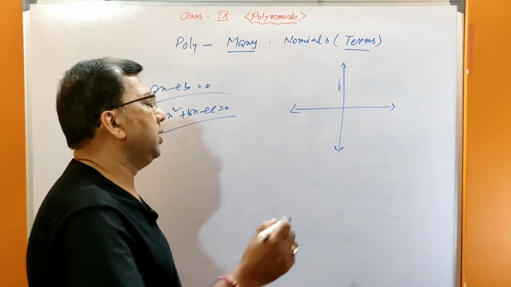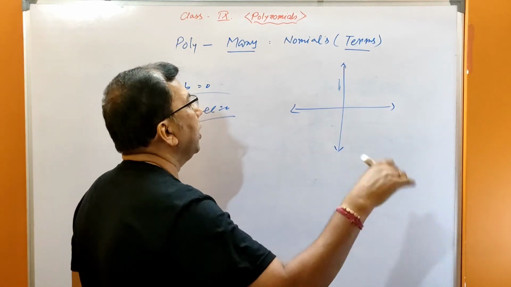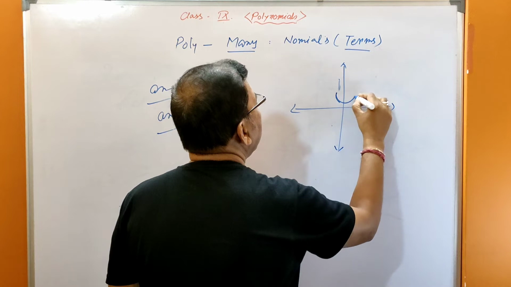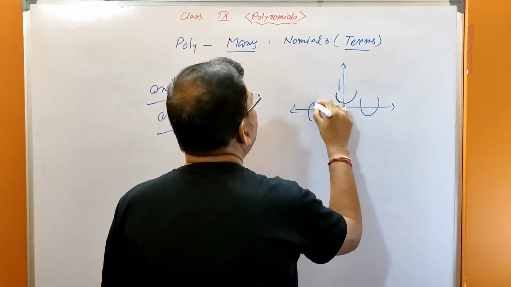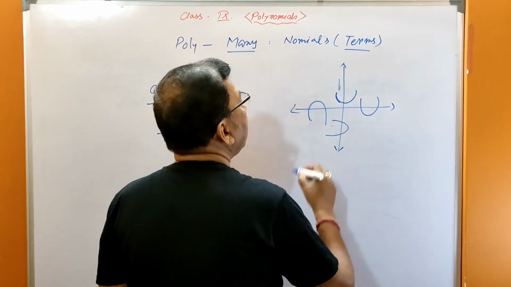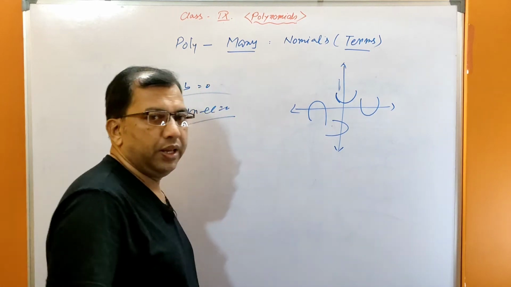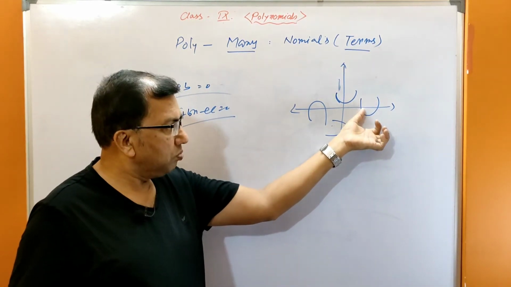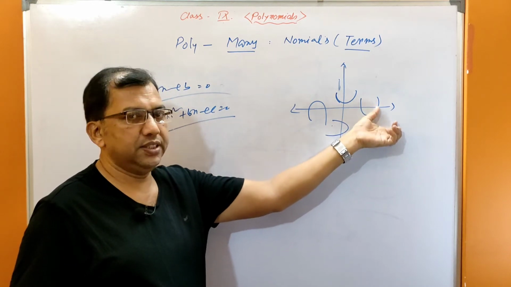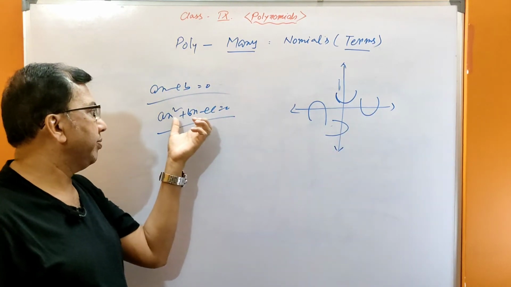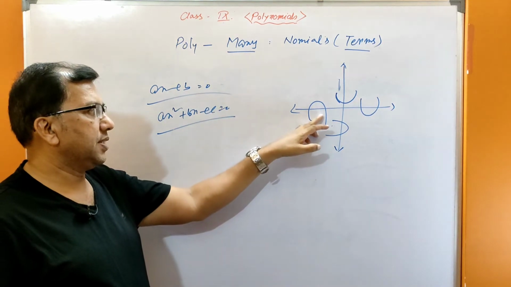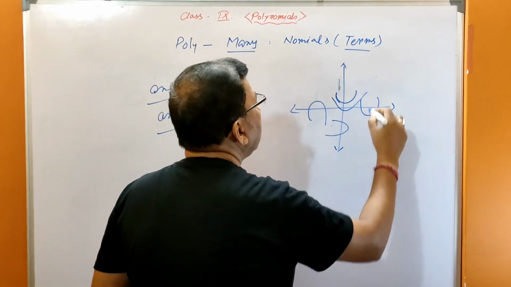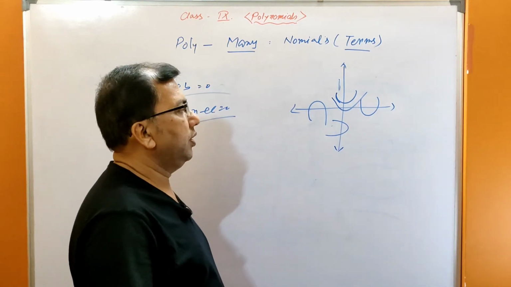It can be like this, like this, like this. Parabolic. The maximum number of points it cuts the x-axis is 2. As the maximum power is 2, it cuts the x-axis at a maximum of 2 points, however it is drawn.